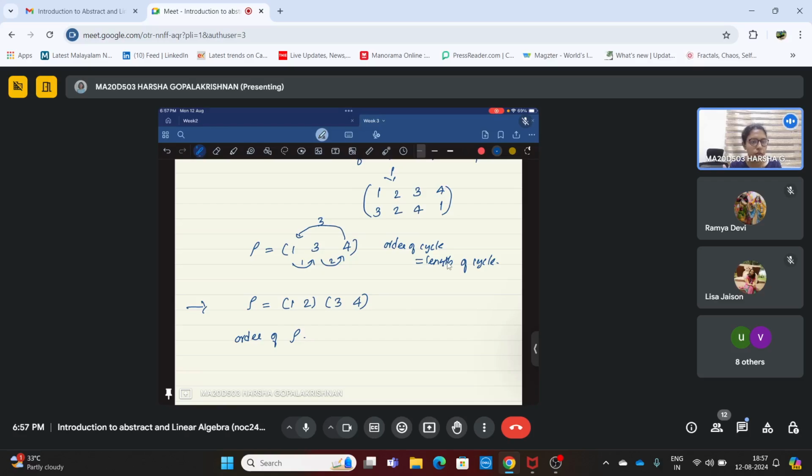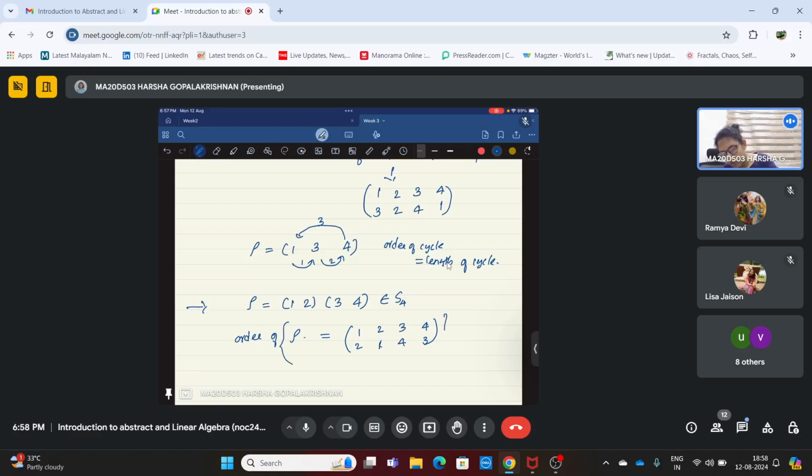It is a product of 2 cycles: 1, 2 is one cycle, and 3, 4. This is also coming from S4. 1 is going to 2, 2 going to 1, 3 going to 4, 4 going to 3. So very quickly you can think how many times I need to multiply to get the identity element. That is the order of the row.